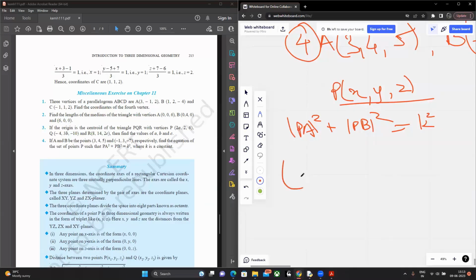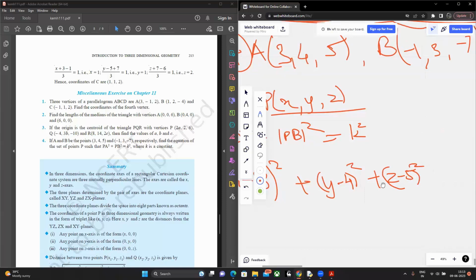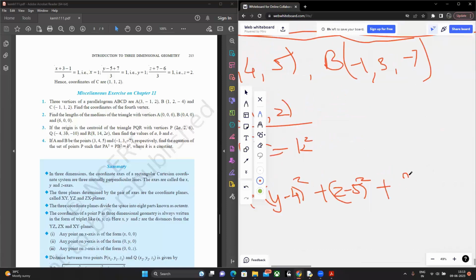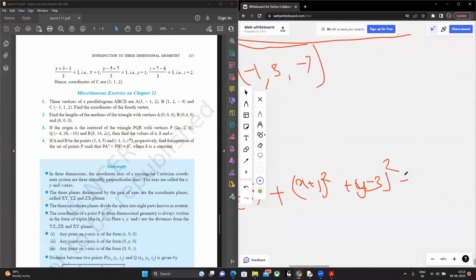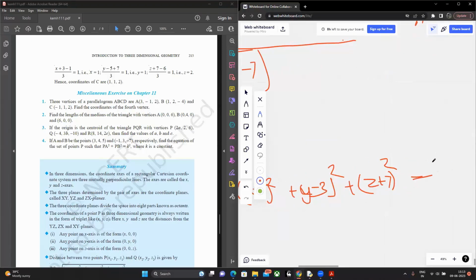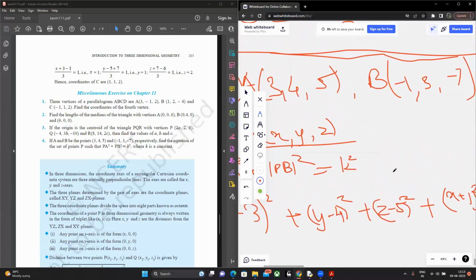PA squared is (x - 3) squared plus (y - 4) squared plus (z - 5) squared, plus PB squared, which is (x + 1) squared plus (y - 3) squared plus (z + 7) squared. That is equal to k squared, where k is a constant.